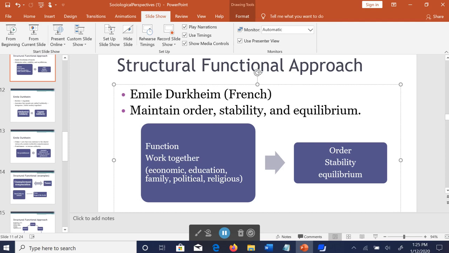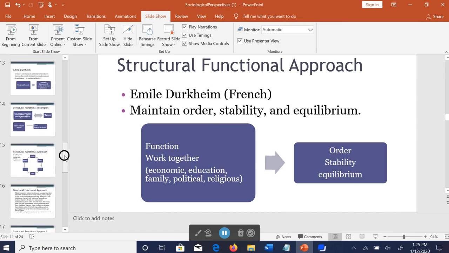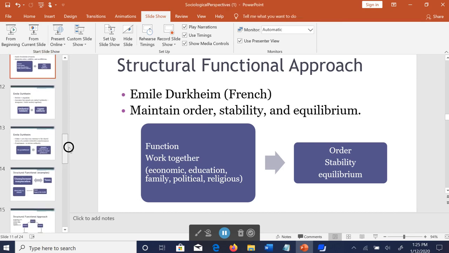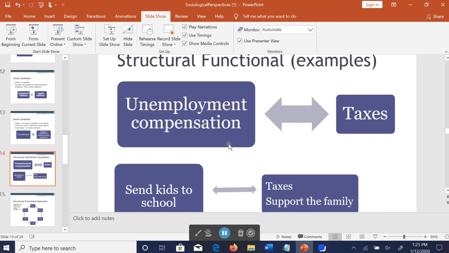And what do we mean by that? This is what we mean.